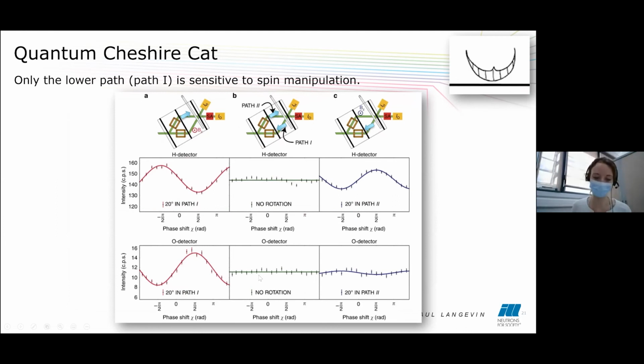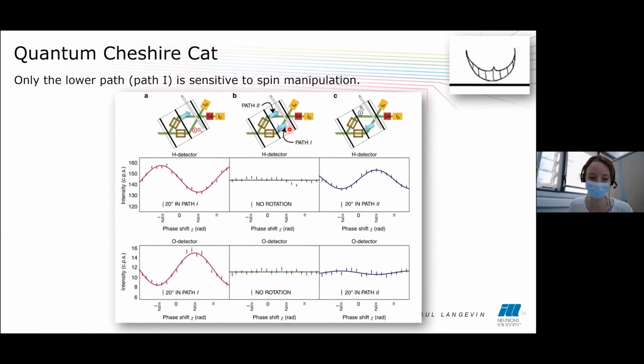And for the purpose of finding out which path is sensitive to spin manipulation, the direction of neutron spin was changed a little bit, using an additional magnetic field either in the lower or in the upper path, as shown here. But first, let's have a look again at the case where no additional magnetic field was introduced to change the direction of neutron spin.